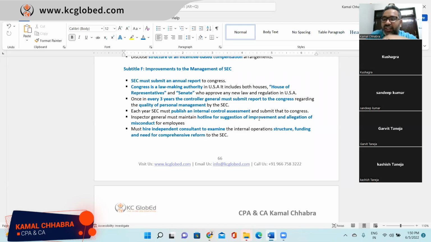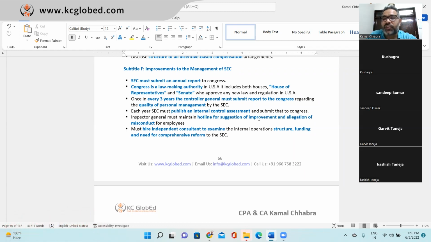So the Securities and Exchange Commission will ensure an internal controls audit, and they need to submit their internal control assessment to Congress, right? Next is the Inspector General must maintain a hotline for suggestions. It's a mandatory requirement for the SEC to have a hotline in which the public at large can give their suggestions.